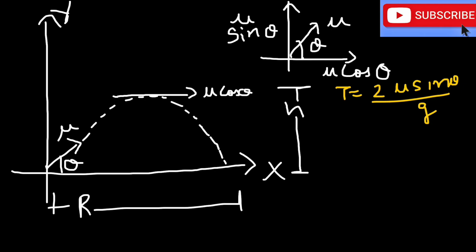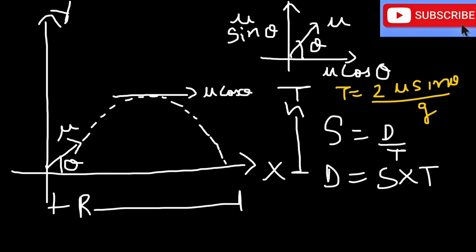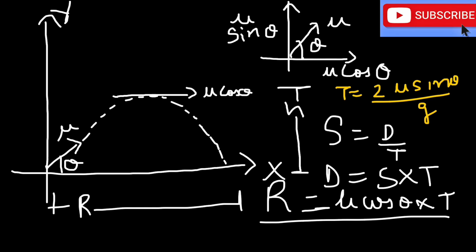As we know, speed is equal to distance upon time, so distance is nothing but speed into the total time. So d, the range of the projectile, will be the speed u cos theta into the time.